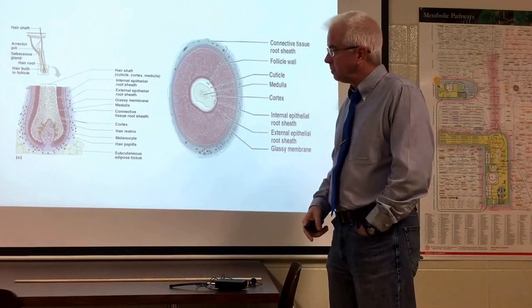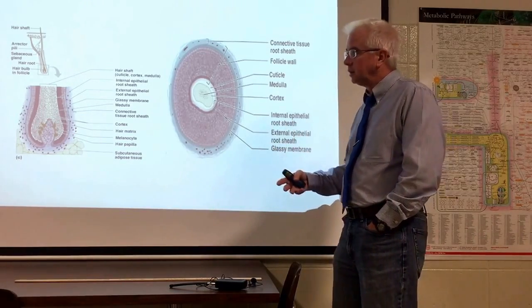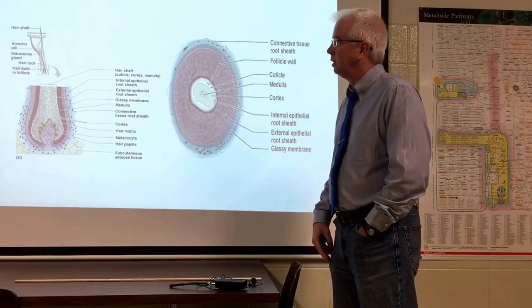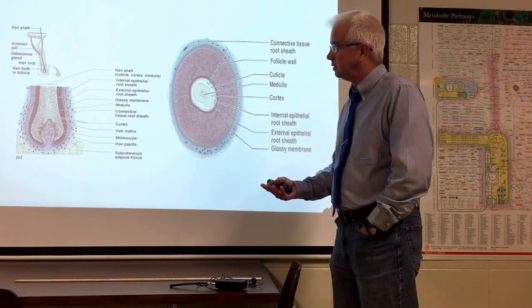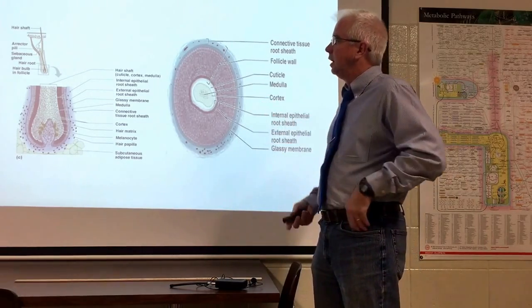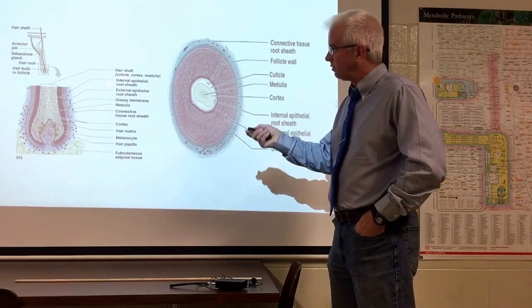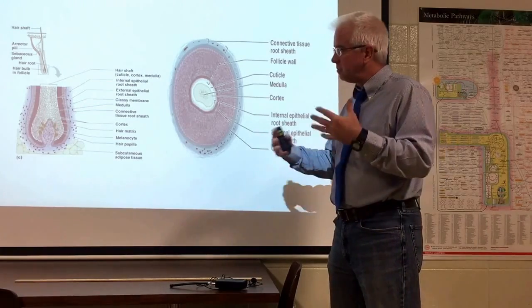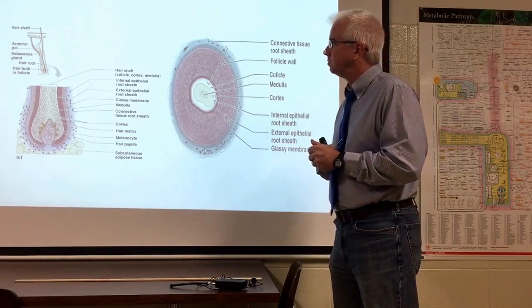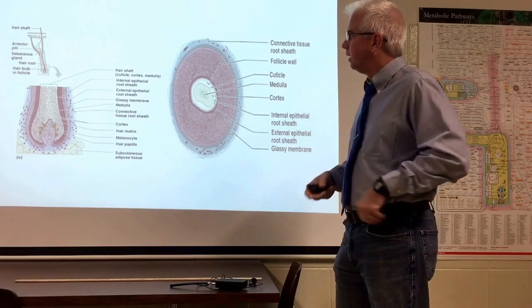That's where they're located. So you can imagine the hair color is produced very similar to the way skin color is produced. These melanocytes have finger-like projections into the epithelial cells of the hair shaft, and they deliver that melanin to help produce the color of the hair that we see. All right.